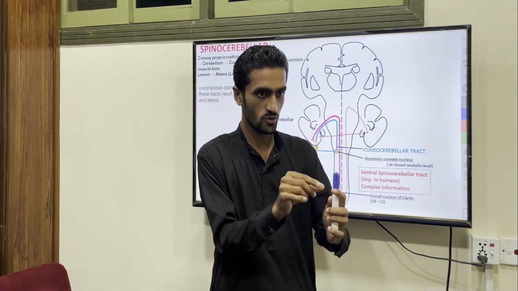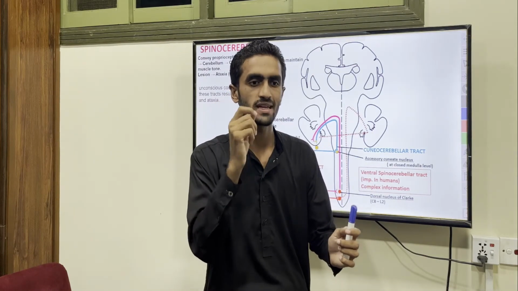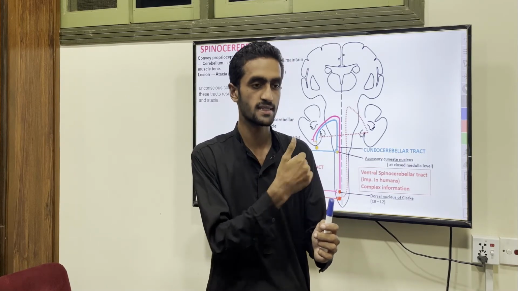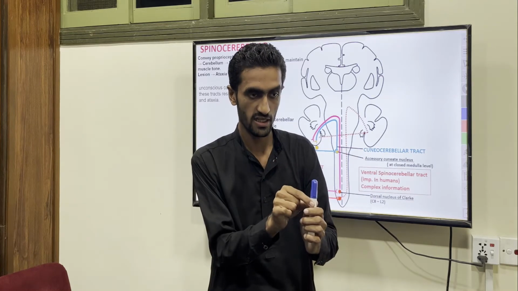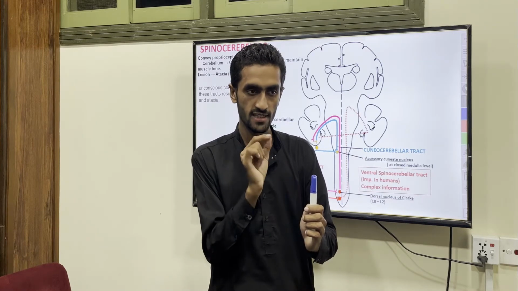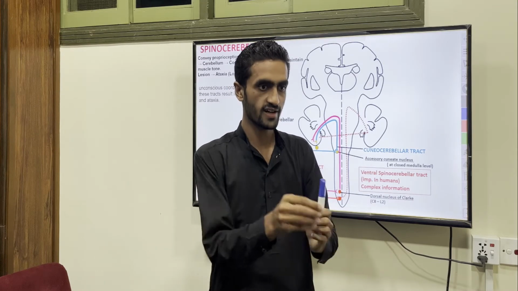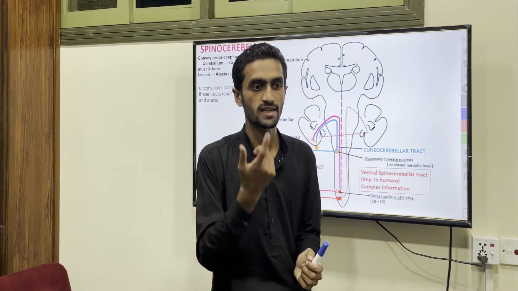If I want to reach, the muscle has the signal to extend or flex, but the accurate movement is defined by the cerebellum. If there is a problem in my cerebellum, my hand can overshoot here or undershoot here. This is the function of cerebellar coordination.